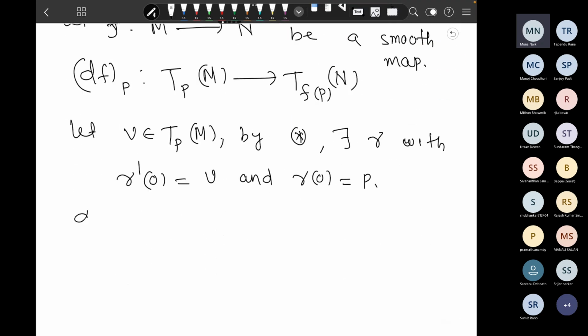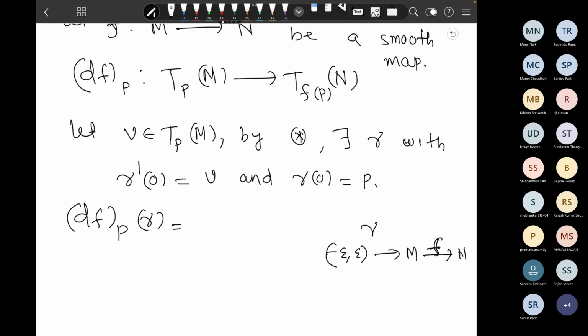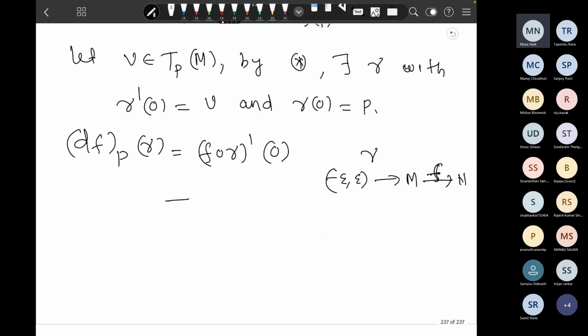So I want to describe this df_p of v. Now gamma is a curve from, say, minus epsilon to epsilon into M, and this f is from M to N. So the f composition gamma is a curve in N. So this is simply (f composition gamma)'(0).